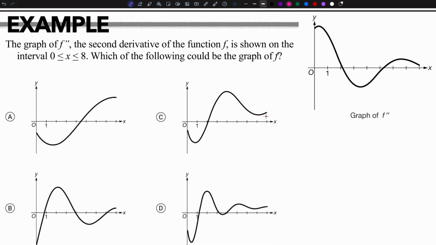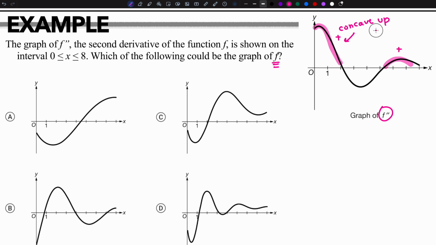Next, the graph of the second derivative is shown. Which of the following could be the original graph? Now, the second derivative, if it is above the x-axis, means it is positive numbers, which means concave up.